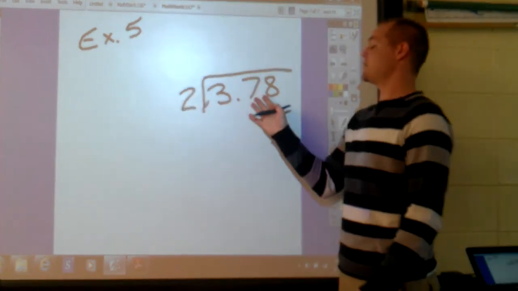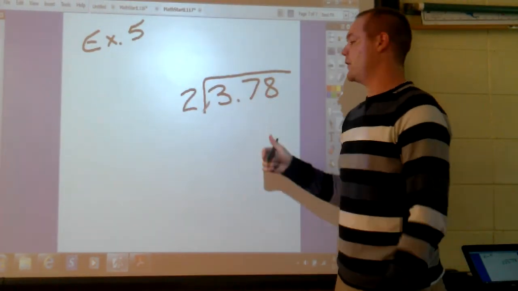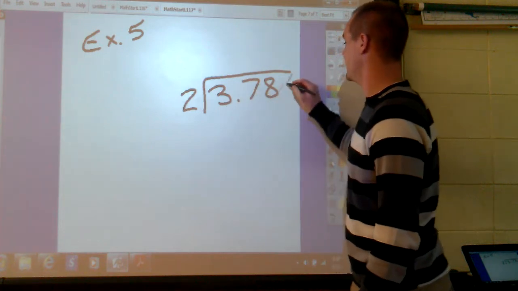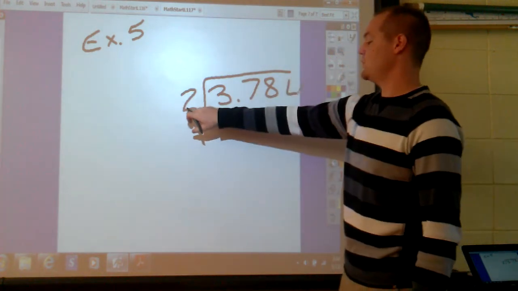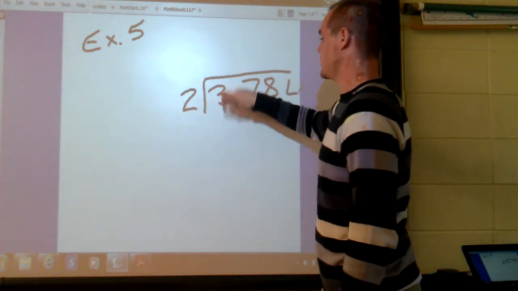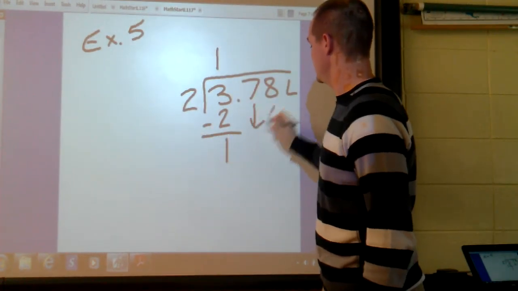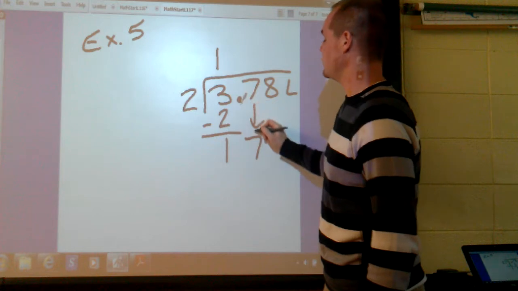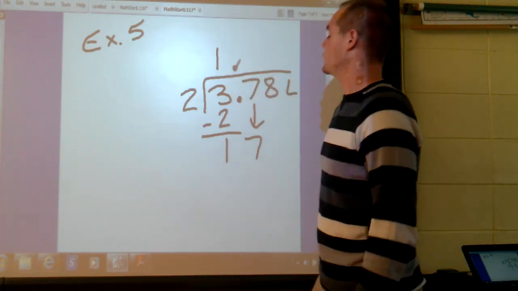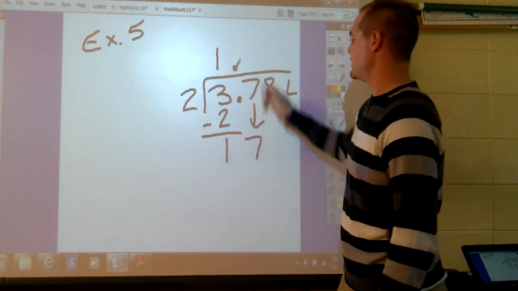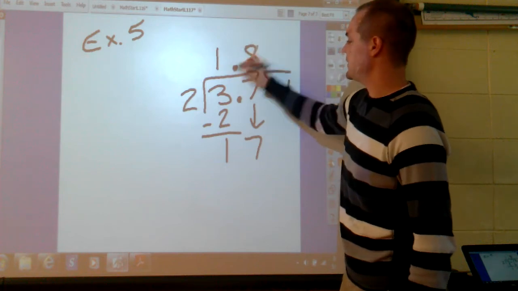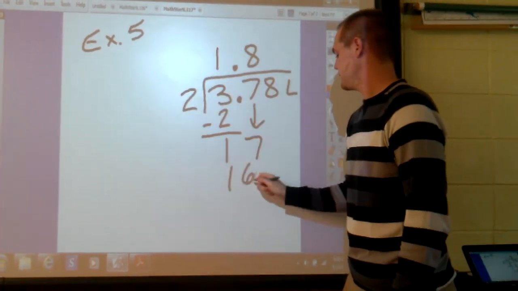So to find a half of this gallon, represented by 3 and 78 hundredths liters, I'm going to divide it by 2. 2 goes into 3 once. Okay, I didn't bring my decimal up, so I'm going to bring it straight up. 2 goes into 17 8 times. 8 times 2 is 16.